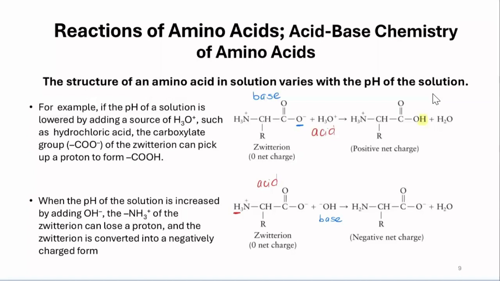When that happens, one of the hydrogens from here combines with the OH, and that's how we form water. Because nitrogen lost an H+, it goes from formal charge of +1 to 0. And now, when we look at the resulting overall charge for a particular amino acid that has reacted with base, we see that the product is a molecule that has a negative net charge.